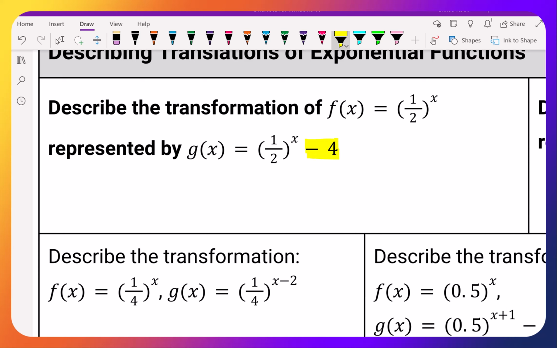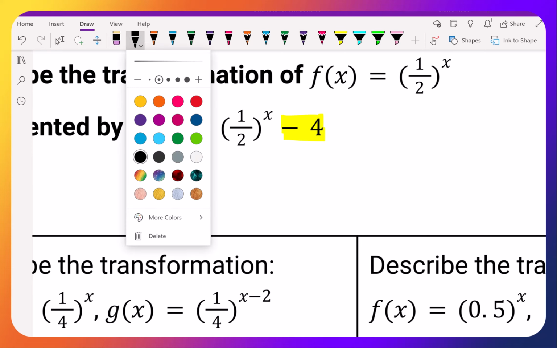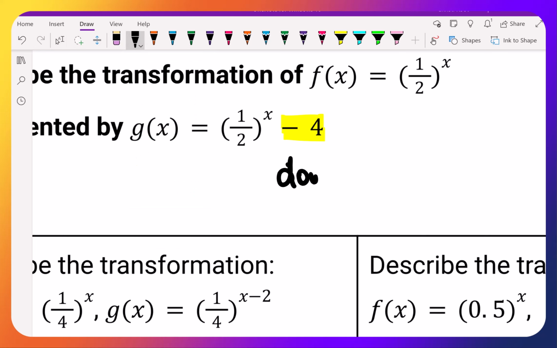So I would just suggest highlight that on your paper. And if it says -4, you're subtracting from the function, not the x. So what's happened is I'm subtracting 4 from the function and not the x. So that means I'm going to move this thing down 4 units.